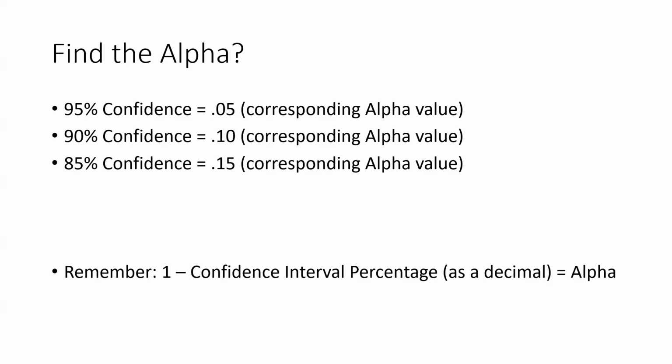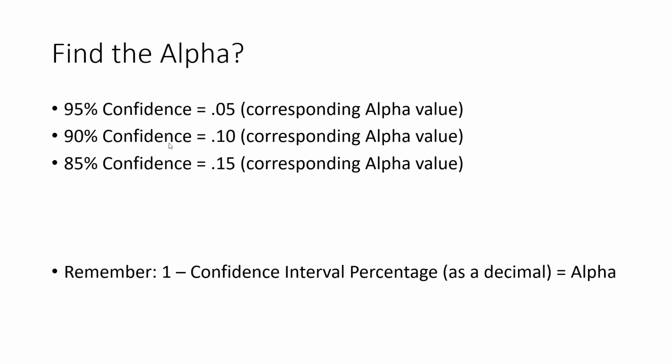If we're operating with 90% confidence or 90% significance, it would be 1 minus 0.10. And if we were operating with 85% confidence or 85% significance, that would be 1 minus 0.85, which would give us an alpha value of 0.15.